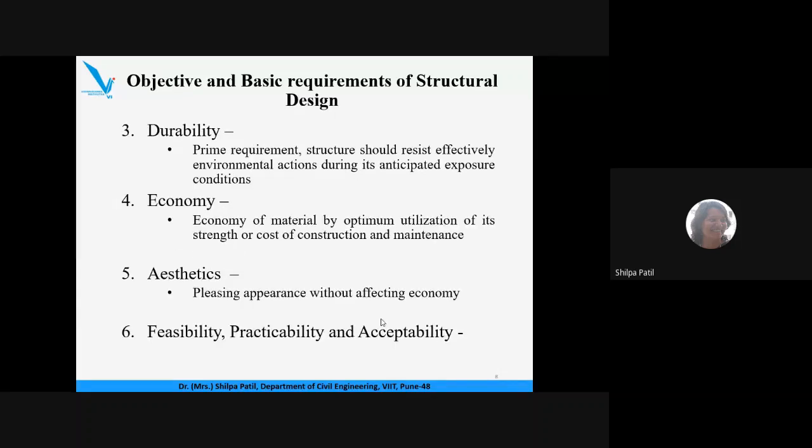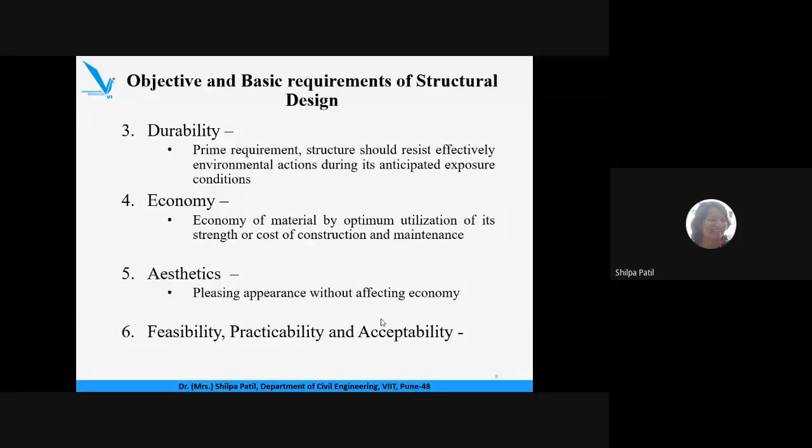Next is durability. As we discussed earlier, durability means resisting the environmental actions during the anticipated exposure conditions. Now, every region in a particular country has a specific exposure condition.